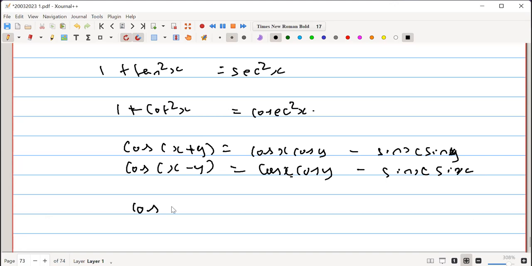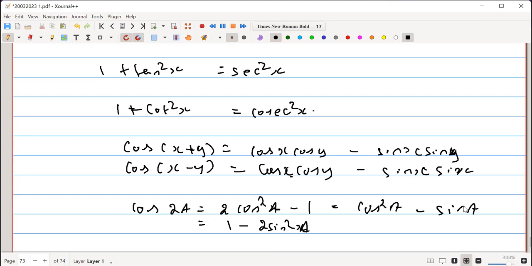What would be cos 2a? It is 2 cos squared a minus 1, then 1 minus 2 sin squared a, then cos squared a minus sin squared a.